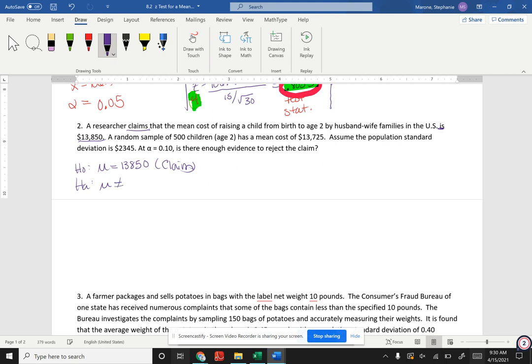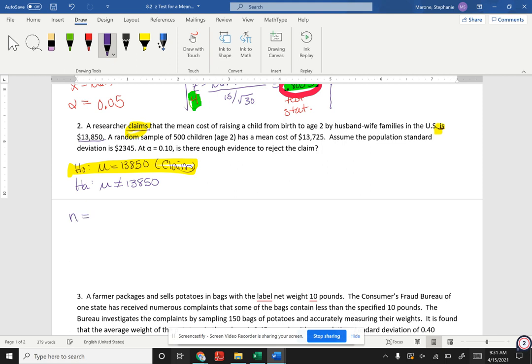So that means the alternate hypothesis is not equal to. So the researcher claims that it is that.